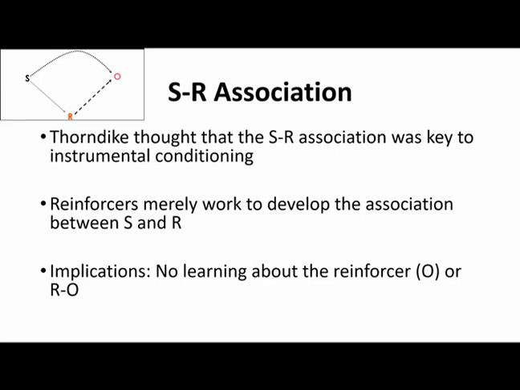So the role of our O, the role of our reinforcer, is to strengthen the relationship between the stimulus and the response. That O term isn't directly involved in that association, it's just the mechanism by which it comes to exist. Once you've associated that stimulus and that response strongly enough, the outcome or the reinforcer actually becomes kind of useless. It doesn't have any purpose once that association is formed.